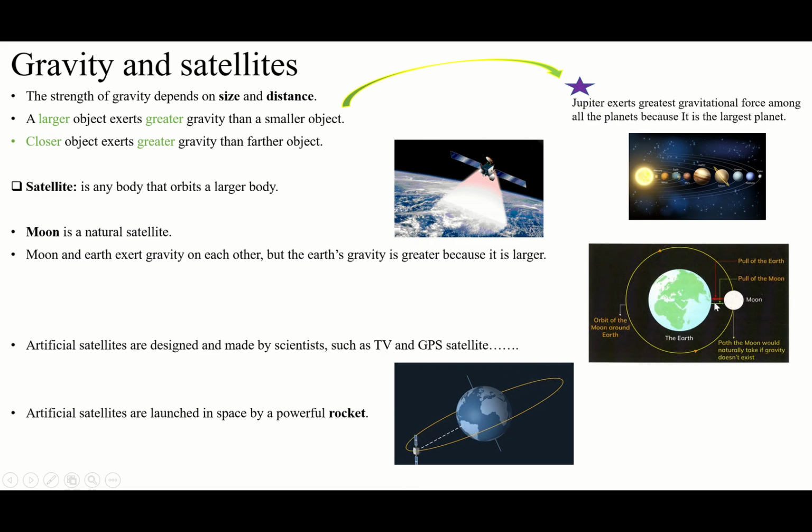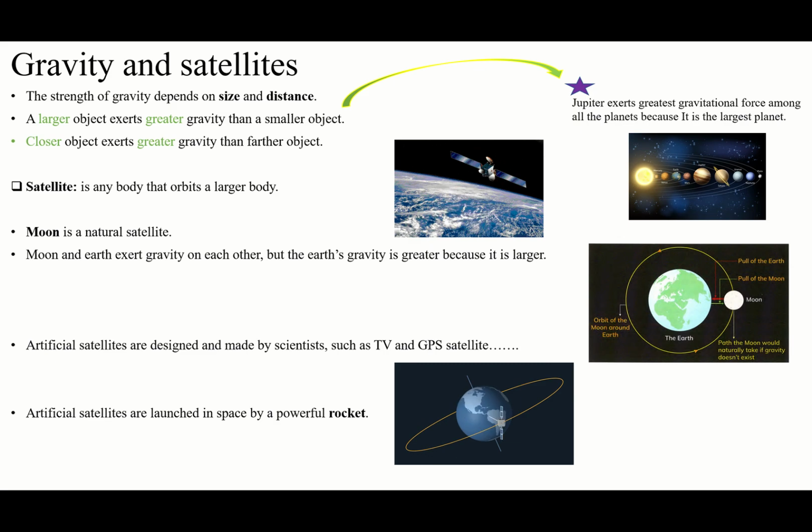Orbits the Earth. And we know moon is smaller than Earth. Moon is a satellite because it's a body that orbits a larger body. Earth is larger, right? When moon moves around the Earth, it means moon is a satellite. But you have to know that moon is a natural satellite, okay? Moon is a natural satellite, not artificial, okay?